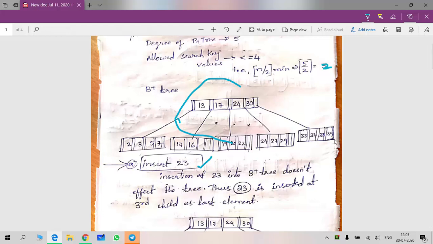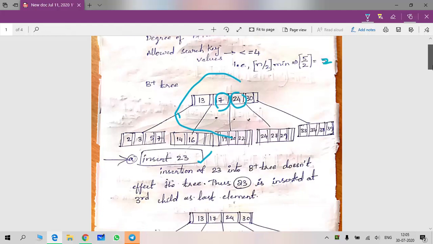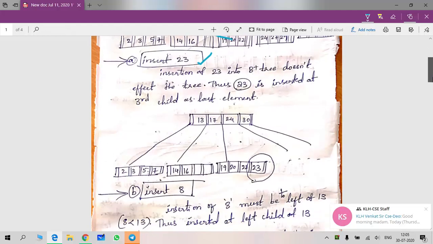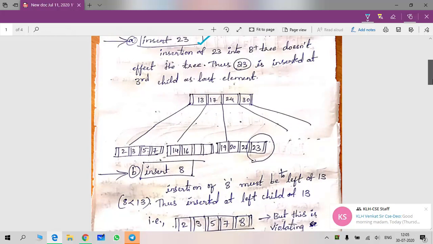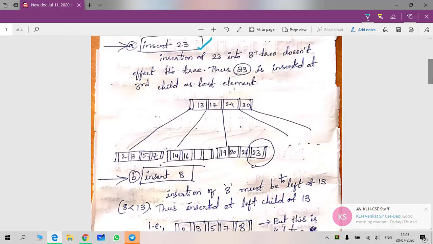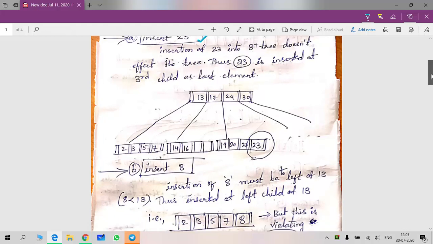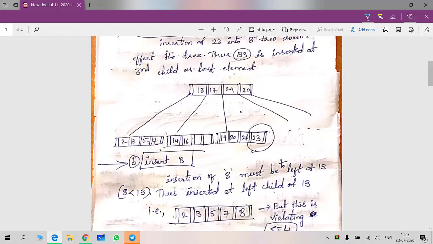It is between 17 and 24, right? So it should be the third child, that has 19, 20, 22. So there is no problem. Insertion of 23 into the B plus tree does not affect the tree. Thus 23 is inserted at the third child at last.